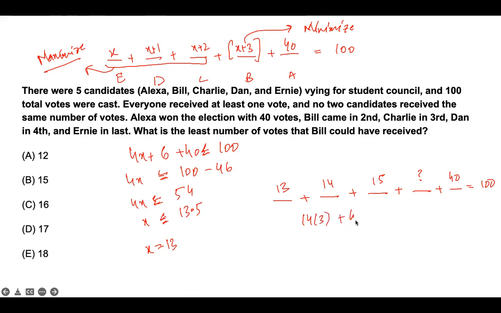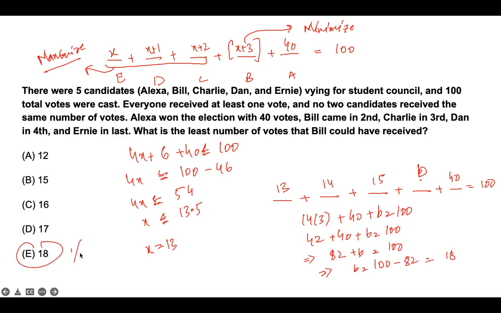Let's call this B. So 42 plus 40 plus B is equal to 100. That means 82 plus B is equal to 100, so B is equal to 100 minus 82, which is 18. So that's why E is the answer. But no, we can minimize this a bit further.